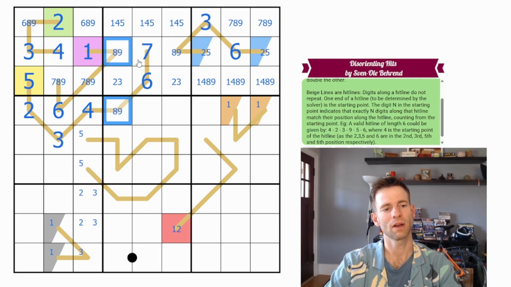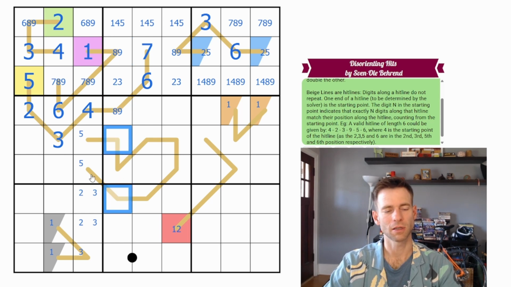Now that I recognize this 8-9 pair, either this is the 8th position or this is the 8th position, so it's not going to be correct. So maybe we can rule out if this is the 5, because then this would be the 7th position and this is the 8th position. They'd both be wrong. The 5th position would be wrong. They'd all be wrong.